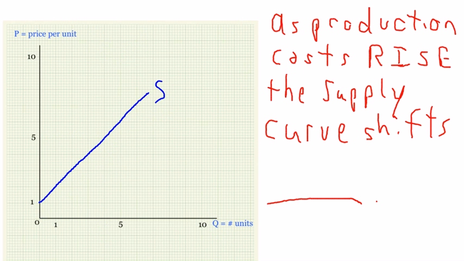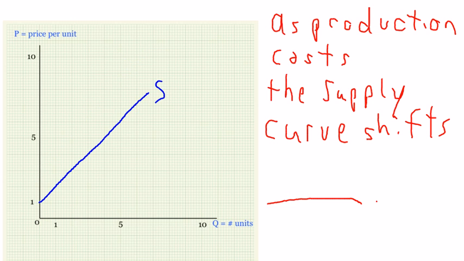And to summarize, we've seen that we have a supply curve, as you see here, and as the production costs rise, the supply curve is going to shift to the left. And you depict that by any supply curve that is to the left horizontally of the old supply curve.